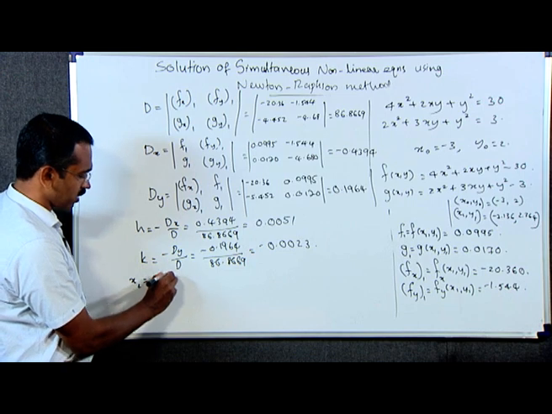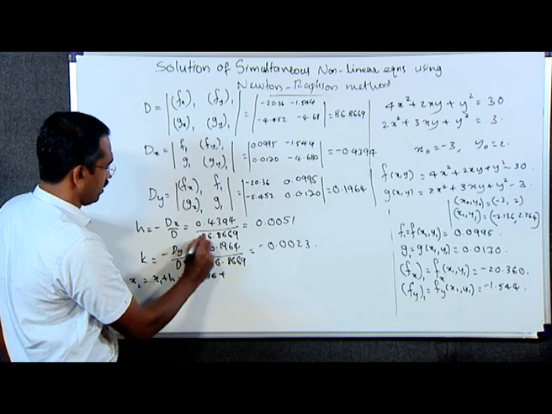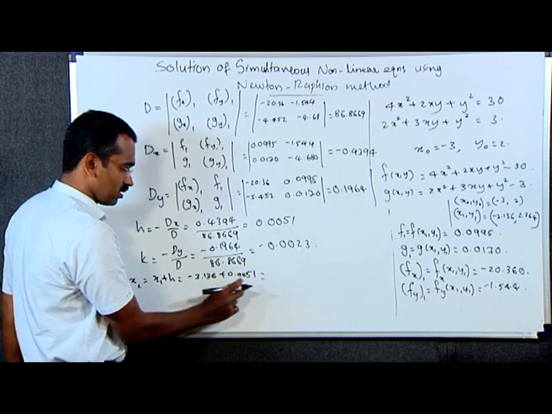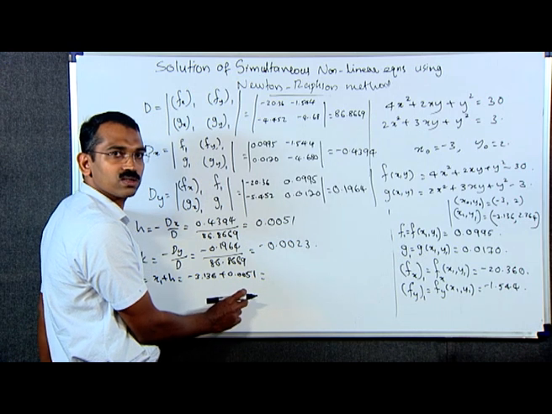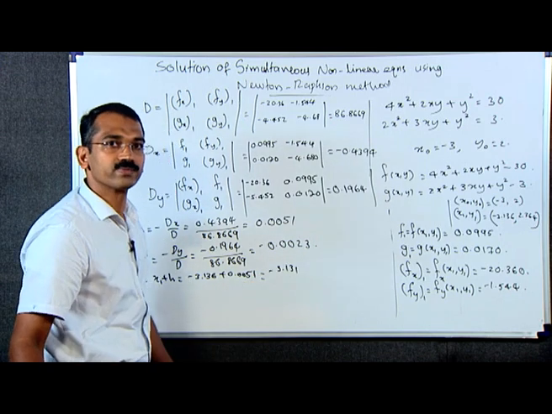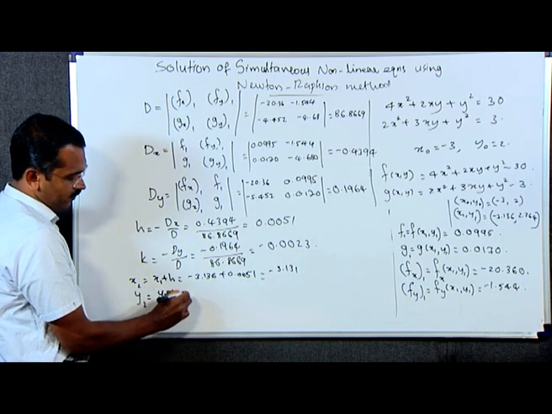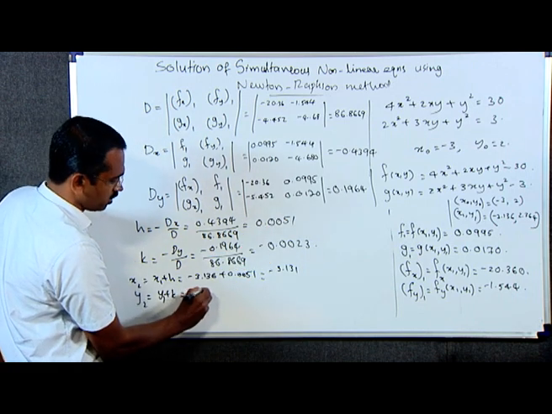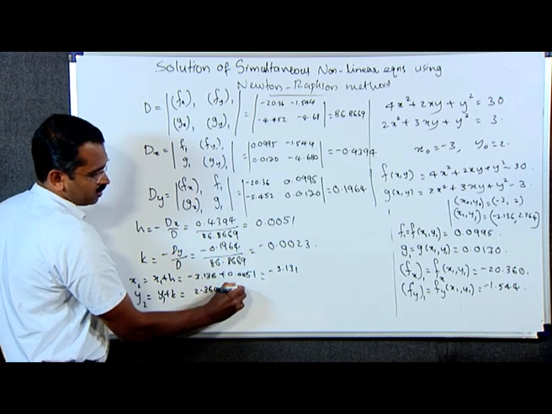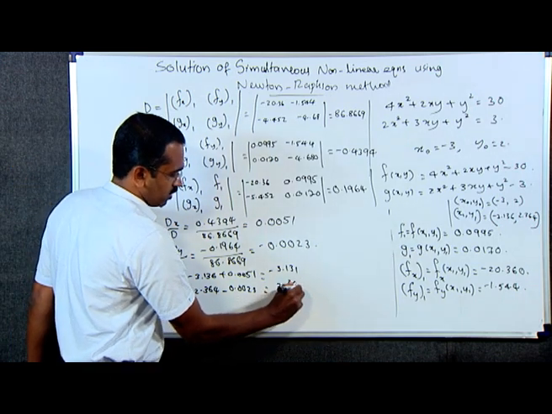Therefore, we can take a better approximation as x2 is equal to x1 plus h, that is minus 3.136 plus 0.0051, which is approximately minus 3.131, and y2 can be written as y1 plus k, that is 2.364 plus k, where k is minus 0.0023, which is approximately 2.362.